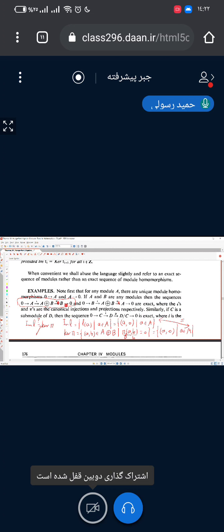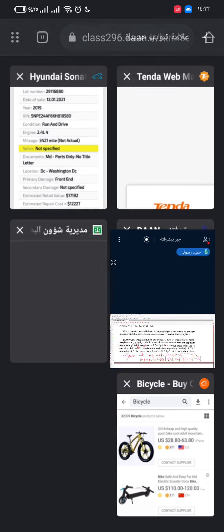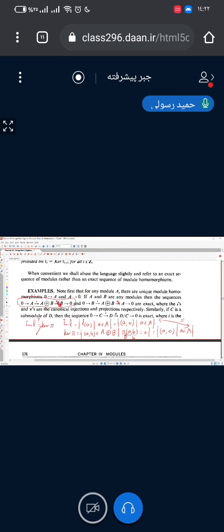The 0 map. The kernel of this map is B, because the kernel of this map is the set of all b in B such that the 0 of b equals 0.